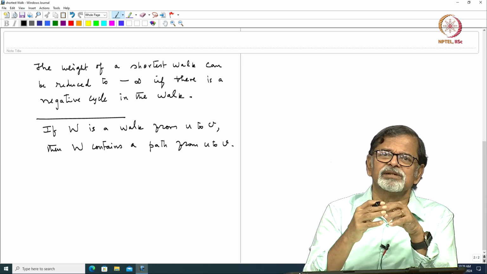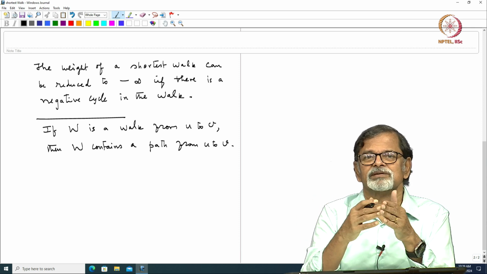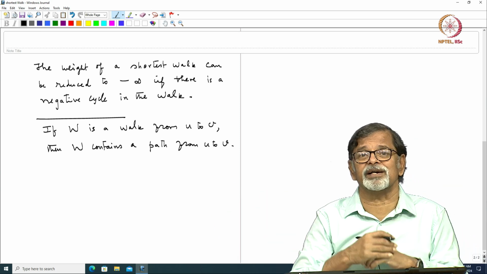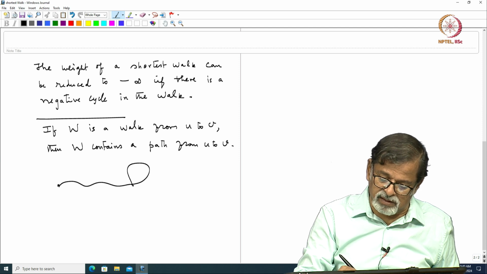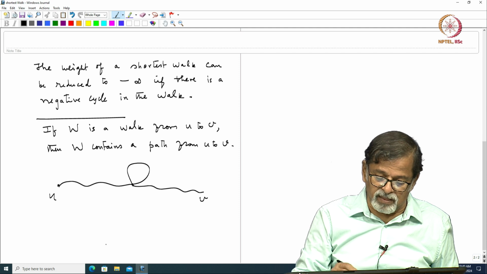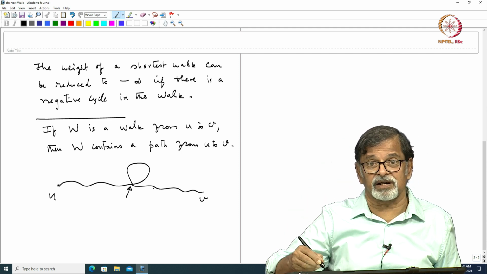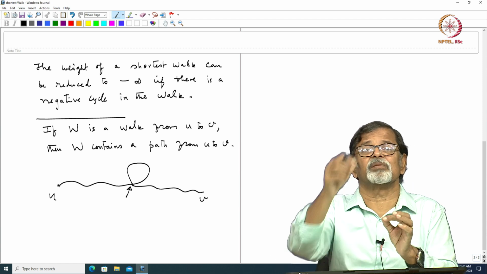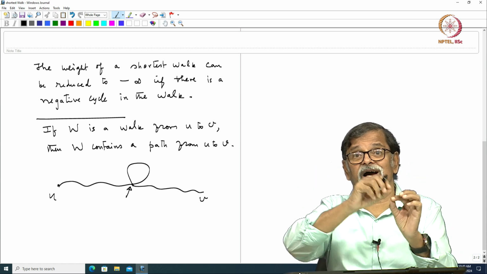When you remove them, one repetition is removed because you have removed that cycle of edges. It is still a walk, the other parts are intact. In other words, if I have a cycle, because this is a vertex that is repeating, this is the first occurrence and then the second occurrence. Between the two successive occurrences there are a lot of edges. These edges will form a cycle, okay, between the first occurrence and the next occurrence.